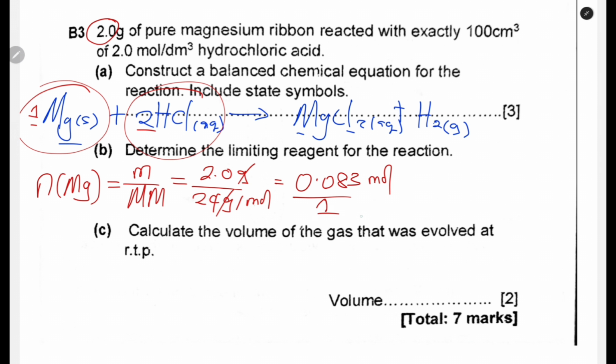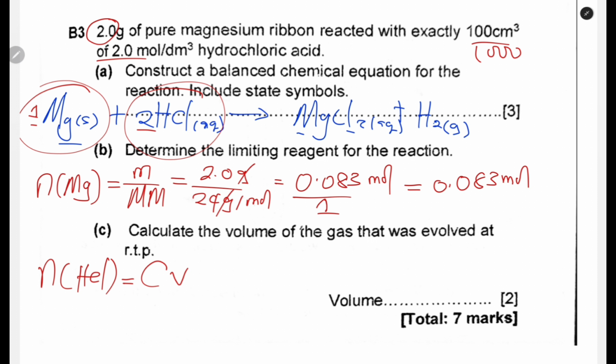Then like we said, we divide by 1. We are still going to find 0.083 mole. Then we can find the number of moles of HCl. Now on HCl, we are given the volume, as you can see, and the concentration. So number of moles is equal to concentration multiplied by volume. Volume is supposed to be in decimeter cubed, so you divide this one by 1,000.